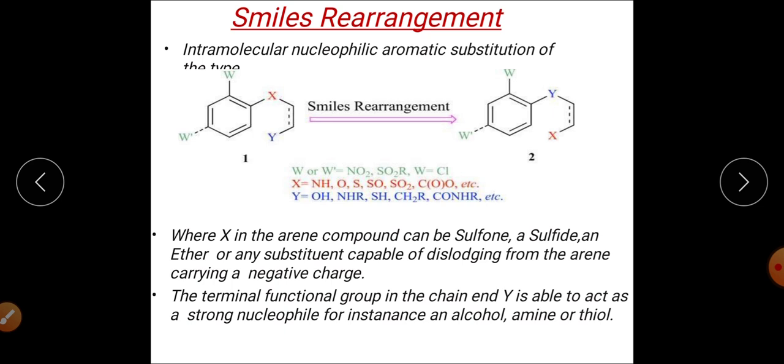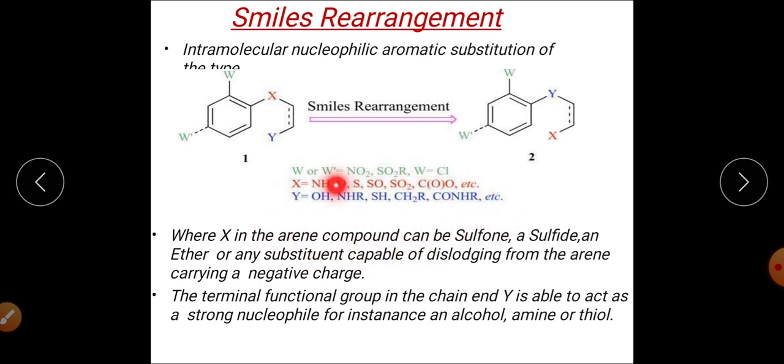And Y can be a group that contains hydrogen attached to it, and most probably the hydrogen should be attached to an electronegative element. For example, here we can have hydroxyl group, NHR group, NH2 group, SH group, CH2R group, like so.